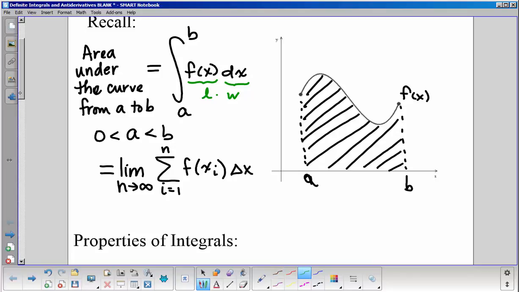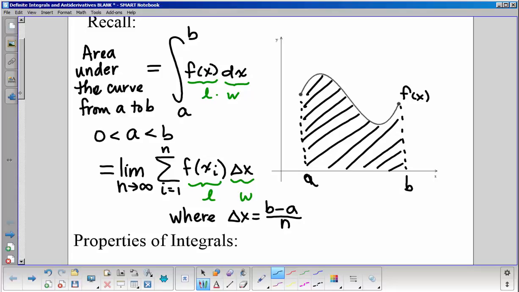Where this was the length and this was the width of the rectangles. And what was delta x? How did we figure out what delta x was? Delta x is equal to, they said quietly for those who might be listening to this recording, b minus a over n, the number of rectangles.